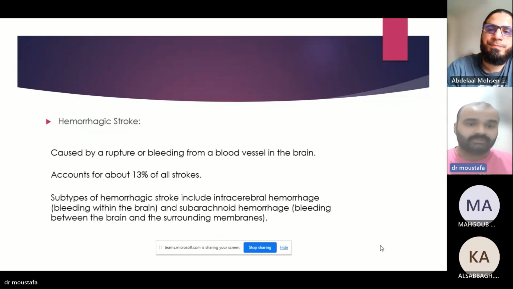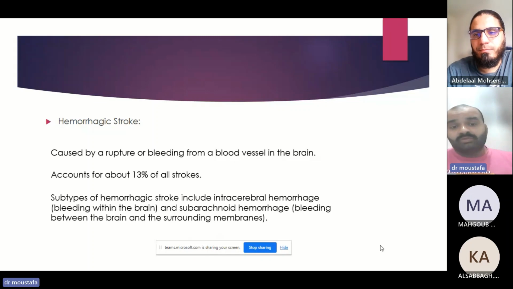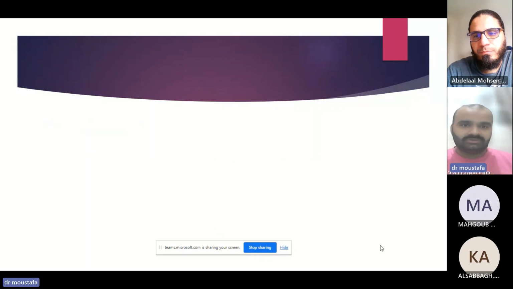We discussed the two major stroke types, the ischemic stroke and the hemorrhagic stroke, which make up almost 100% of strokes. But there is another type that we can classify with stroke, but it's not a stroke. We'll let you know how. It's called transient ischemic attack.